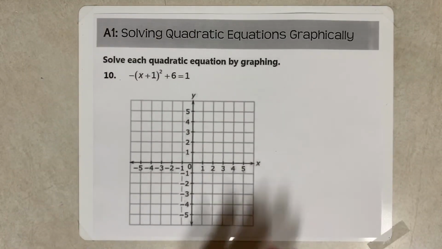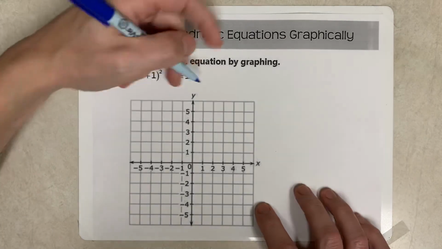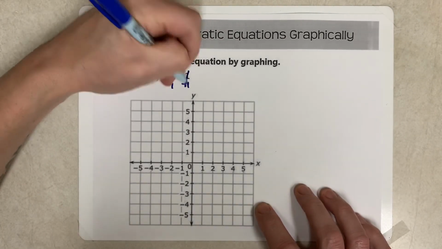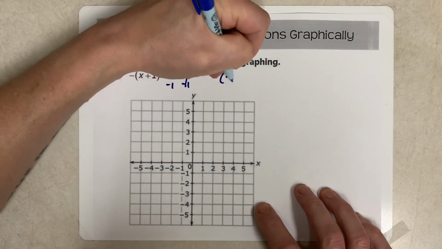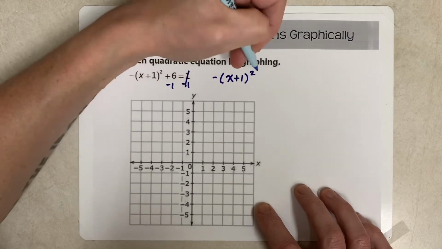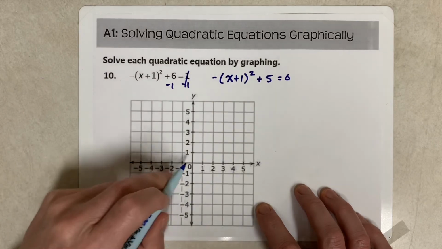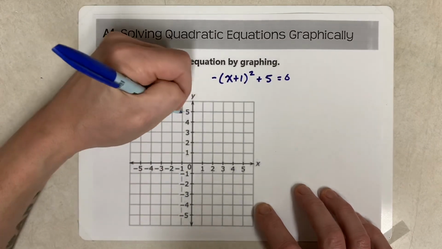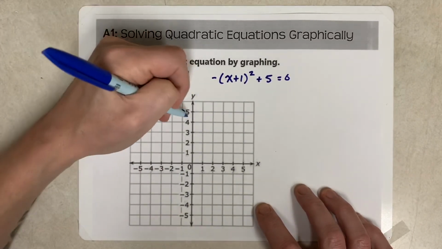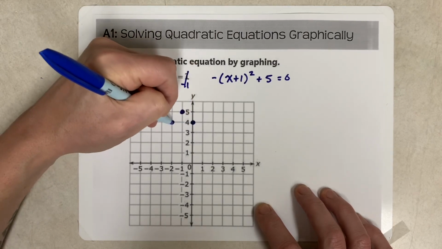So if we move everything over, let's see what happens this time. Negative x plus 1 squared would now be plus 5 equals 0. So we'd go 1 unit to the left, up 5. Still over 1 down 1, that hasn't changed.